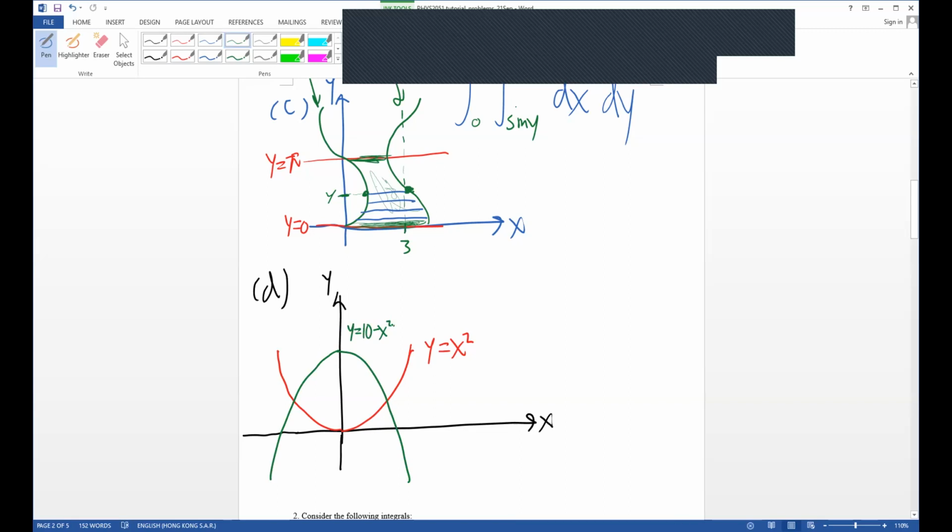So you can clearly see that these two curves enclose a region here, because of these two intersection points. So you don't even need two more lines to define the boundary, because I have these two intersection points already to close the area.